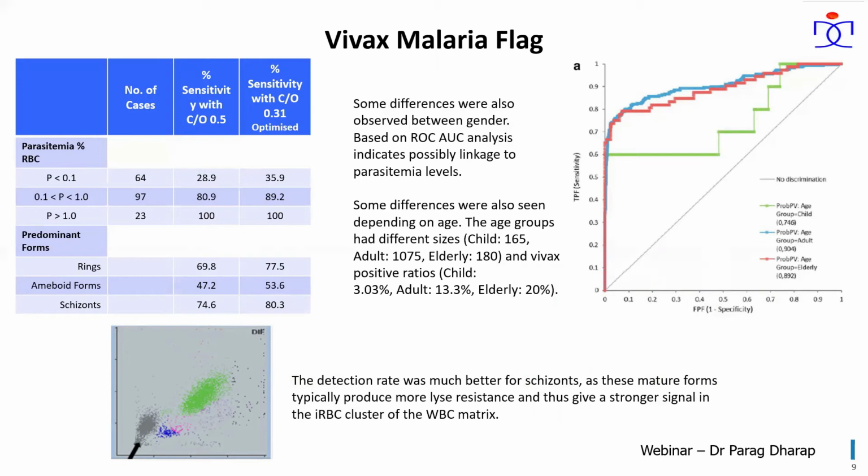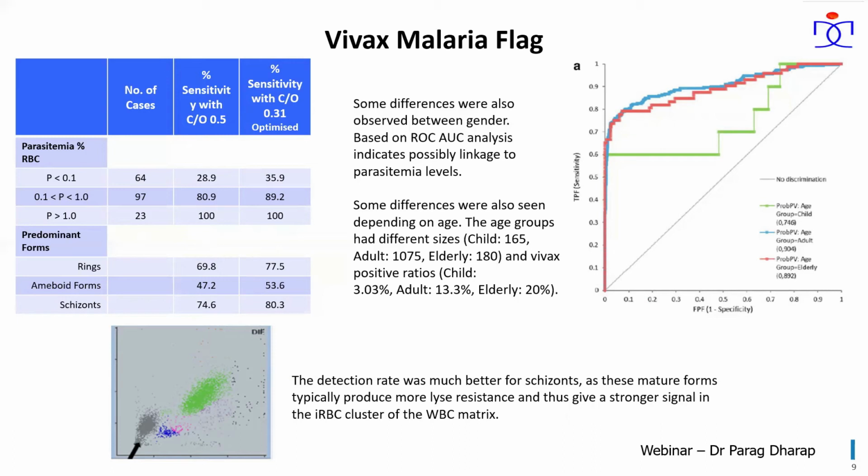On the right hand side, there is an ROC-AUC which displays the area under the curve for the three different age groups: children less than 12 years, adults, and elderly individuals.